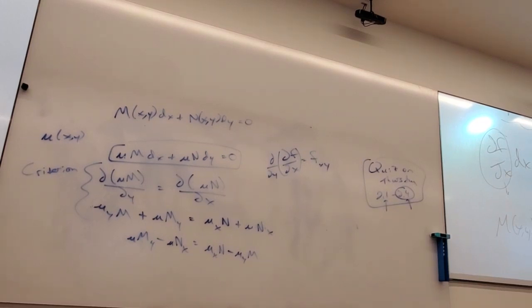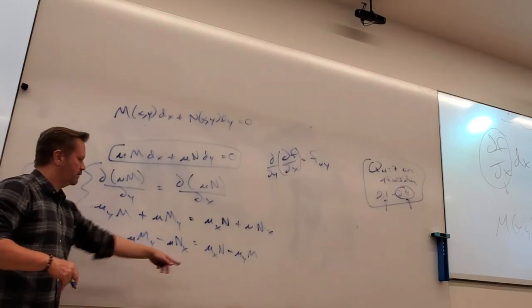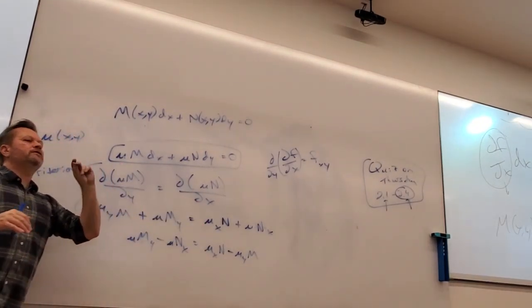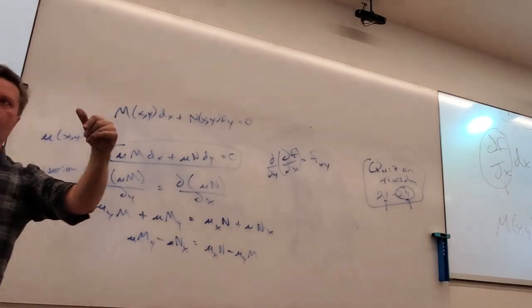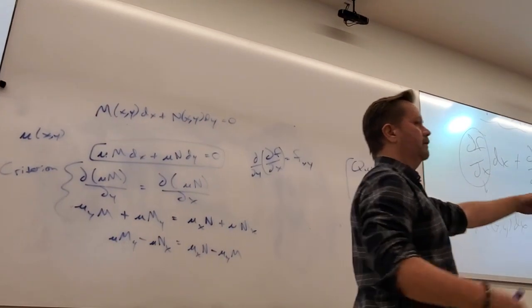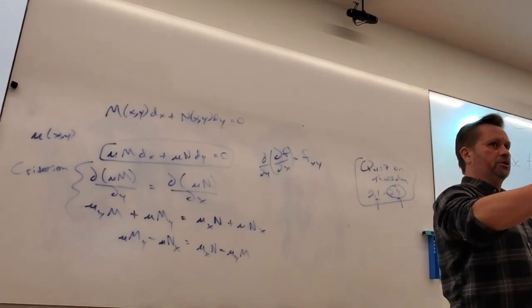Now, real quick, here is what I talked about earlier. This is horrendous. Correct? And I could factor mu out and divide, but before I do that, I'm going to make a simplifying assumption. This is what I was saying earlier. There are some things that could become exact that are going to be out of our reach.